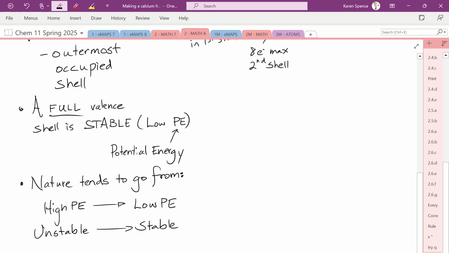If I have a magnet and I put it near this little metal clip, where is it more stable? It's more stable with the magnet, as long as it's near it, it wants to be.